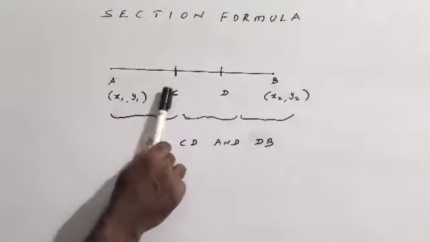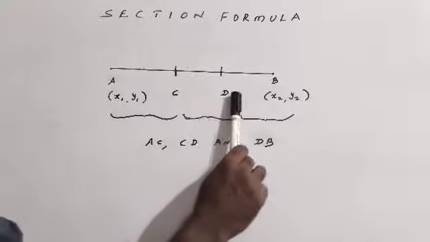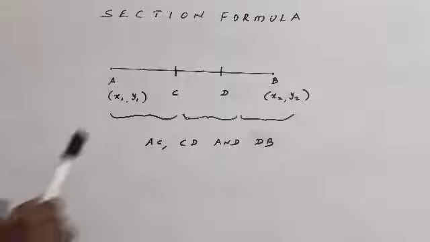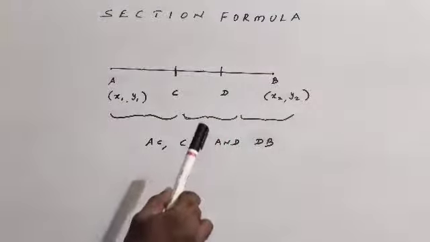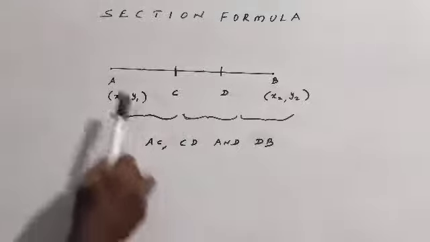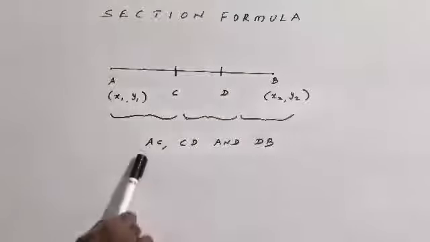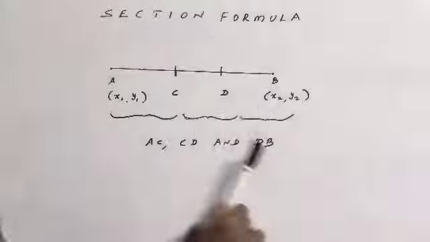One is AC, another portion is CD, another part is DB. So the line segment AB is divided into three parts: AC, CD, DB.